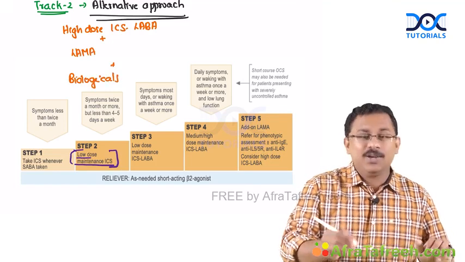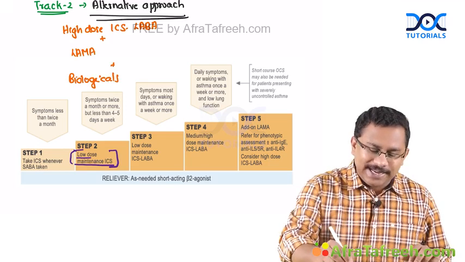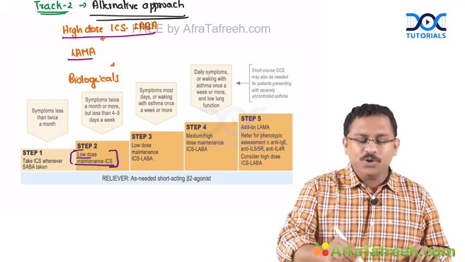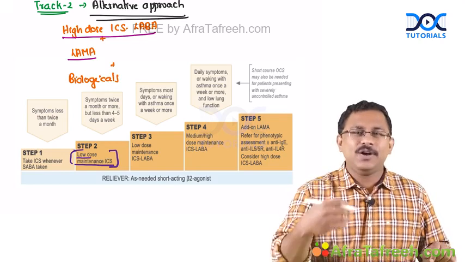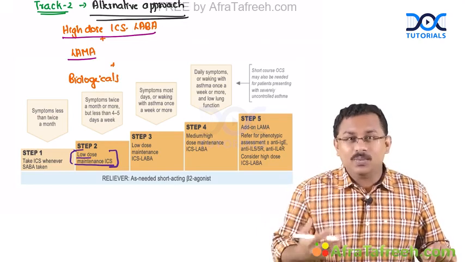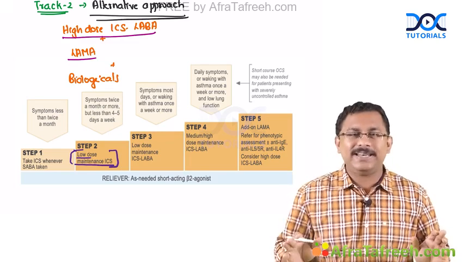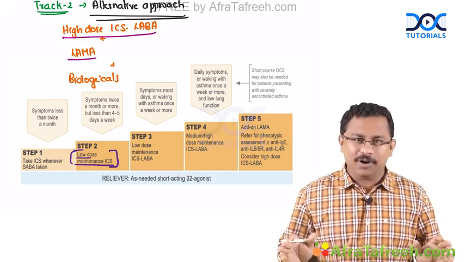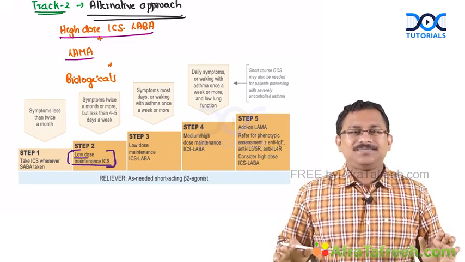Once again, let me remind you, it's not necessarily to have all these together. You will have a high dose ICS LABA, plus you might go for a LAMA and biologicals. So biologicals, depending on the cost issues and where you are working, whether it is a tertiary care hospital with enough and more facilities and the patient is affording. Okay, all right. So this is also clear.